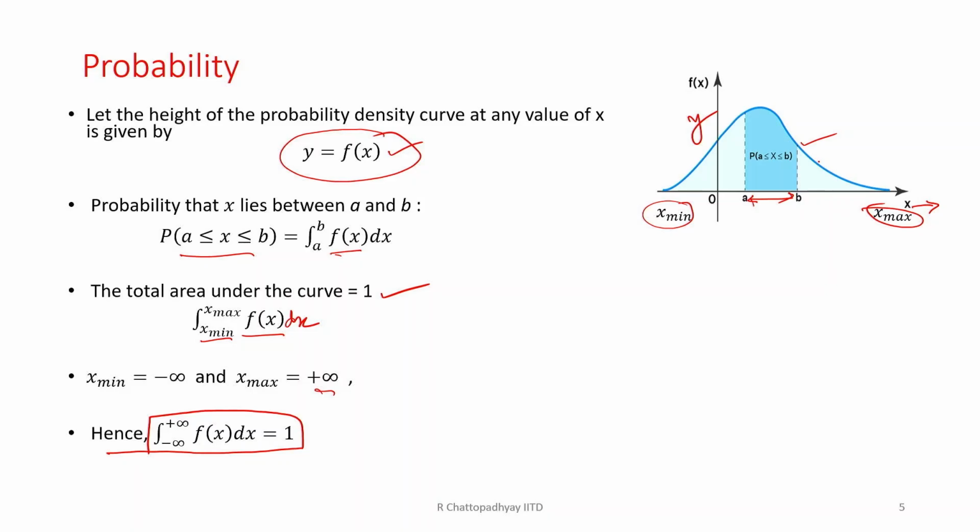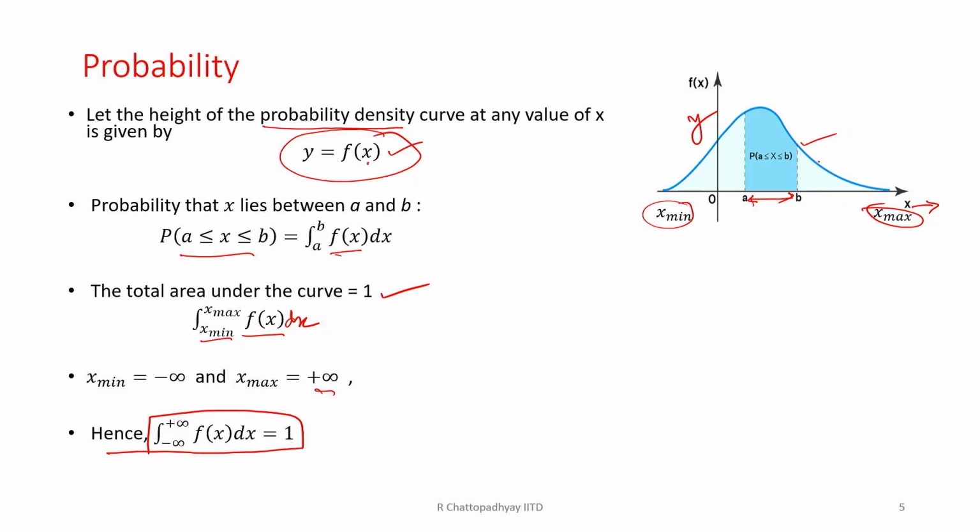So for a particular density function, this f(x), we call it probability density function. Whether this is the right probability density function or not, there is a check: if we integrate this function from minus infinity to plus infinity, or between the given limits in a particular case, and the value comes to 1, then only we'll say this is the right density function.